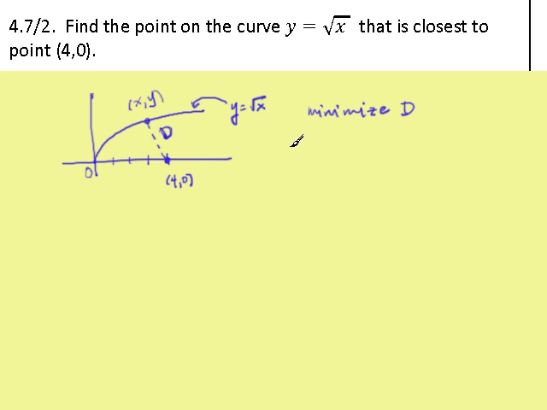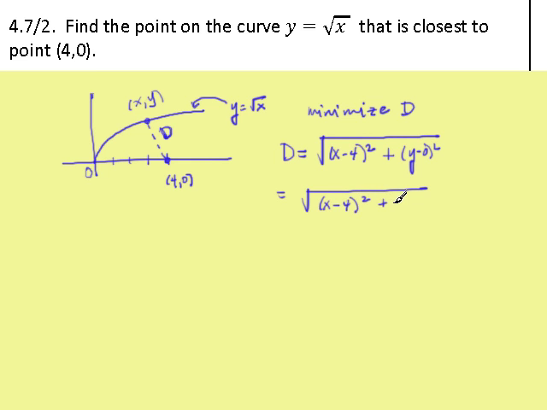So first we need an expression for d. Well, we'll use the distance formula for the distance between those 2 points. So that'll be x minus 4 squared underneath the square root and y minus 0 squared. So that's equal to the square root of x minus 4 squared plus y squared.